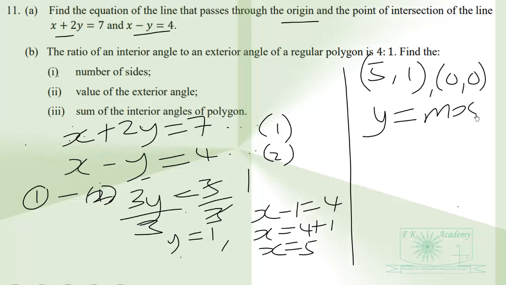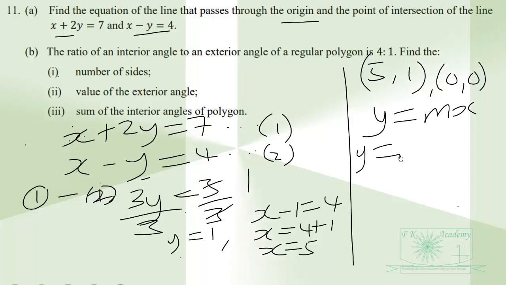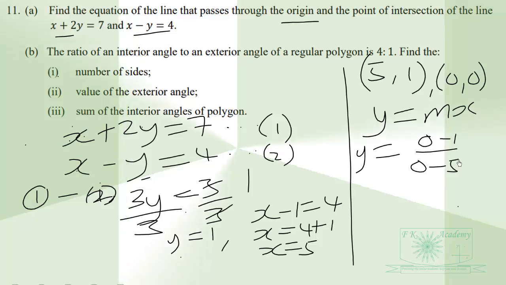So the gradient can be found using y1 minus y2 over x1 minus x2. So the equation is given by y is equal to, let's say, 0 minus 1 over 0 minus 5 times x.